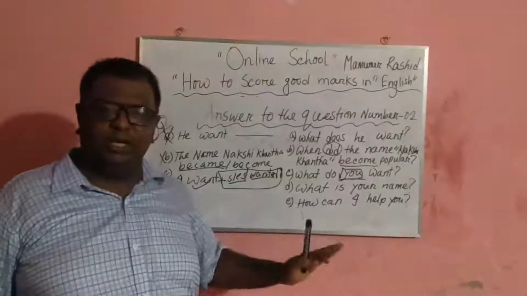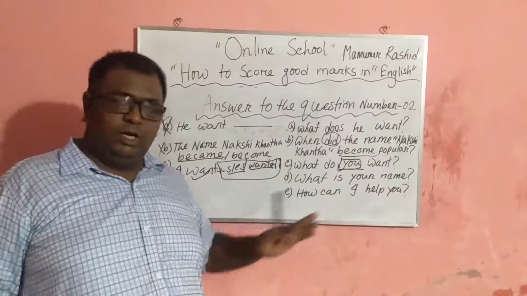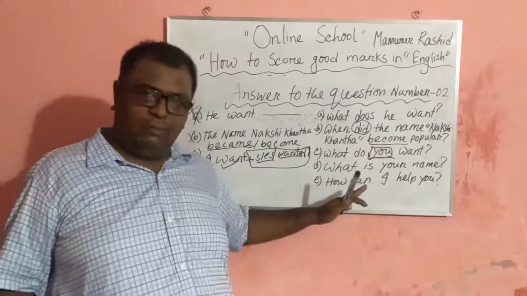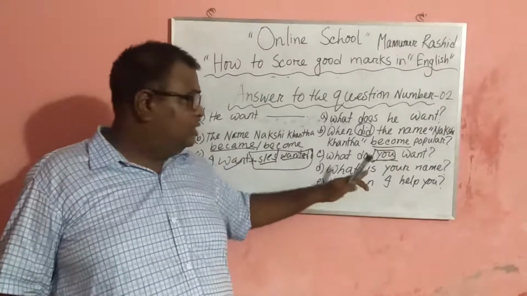Okay. And then, what is your name? If you see any auxiliary verb like am, is, are, was, were, you know, my dear students, I think you have the idea of auxiliary verbs: to be verbs, to have verbs, modal auxiliary verbs.